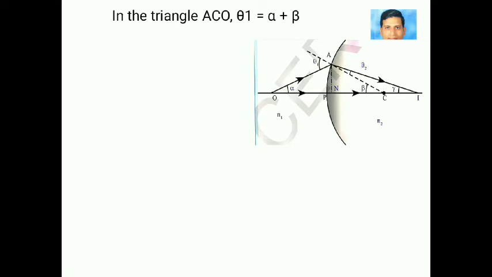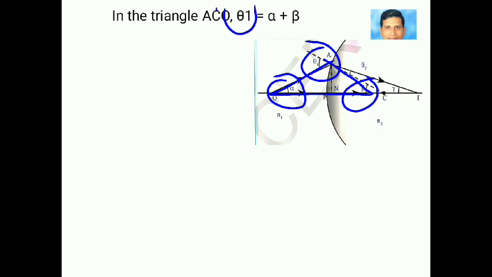In the triangle ACO, the exterior angle equals the sum of the interior angles, that is alpha plus beta. Therefore, the exterior angle theta 1 is equal to alpha plus beta.